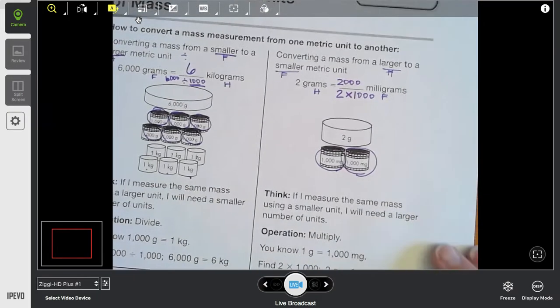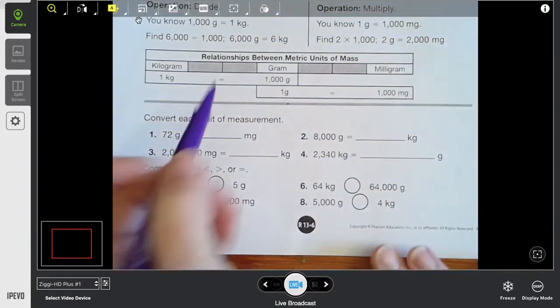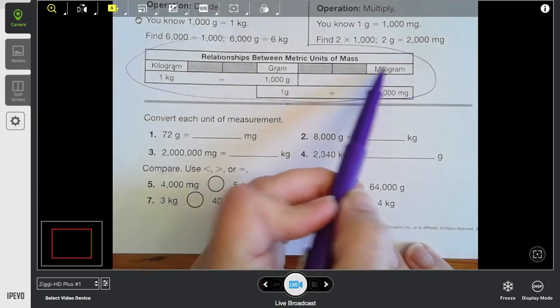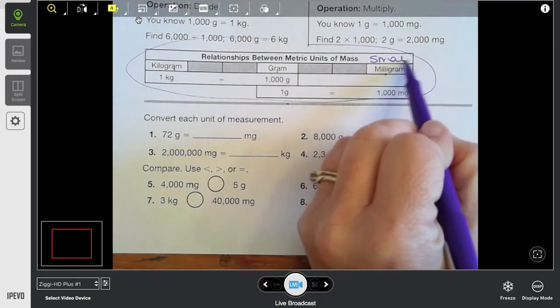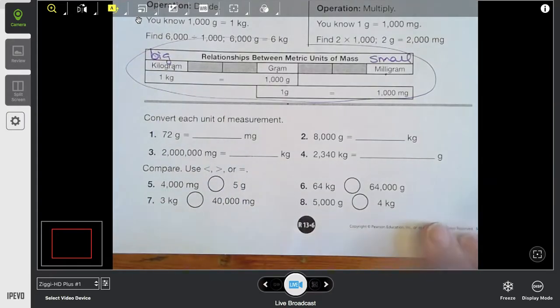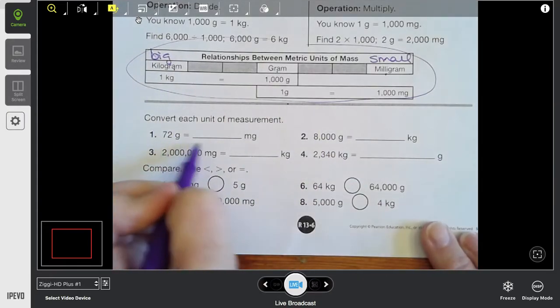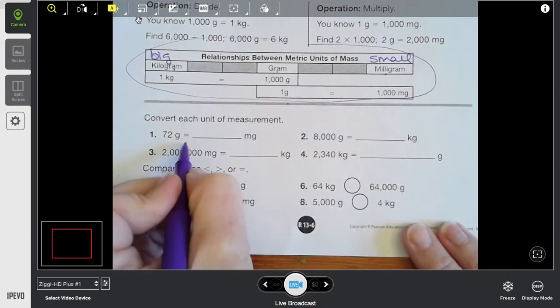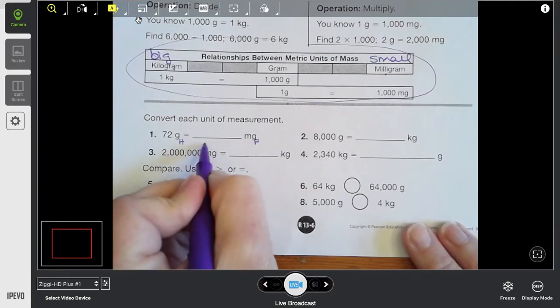Okay? All right, that conversion again is down at the bottom of your paper, so you can see it right here if you need it. Kilograms, grams, milligrams. This is the small, which is the fly. This is the big, which is the horse. Okay? 72 grams equals how many milligrams? Well, grams are bigger than milligrams, so we're going horse to fly, multiply.